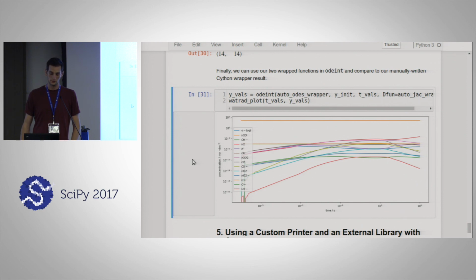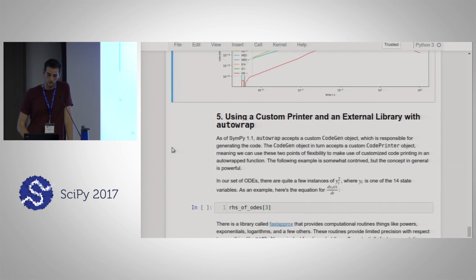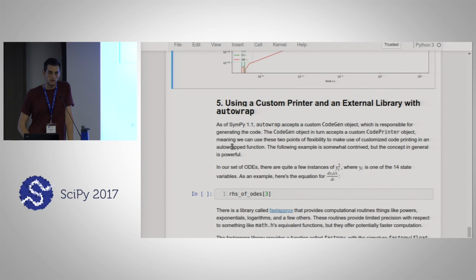No? Okay. So the last thing we can do is, this is actually a very recent feature of SymPy. Autowrap accepts a custom code gen object. And a code gen object is one layer on top of the code printer. So the code gen object is responsible for taking the code printer that generates the snippets of expression evaluation code and wrapping it into a function and a file.